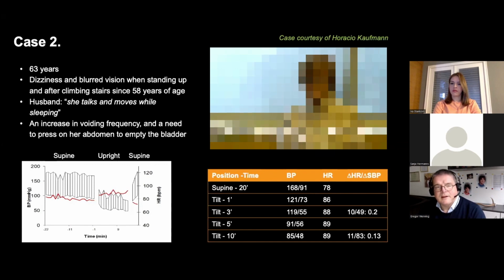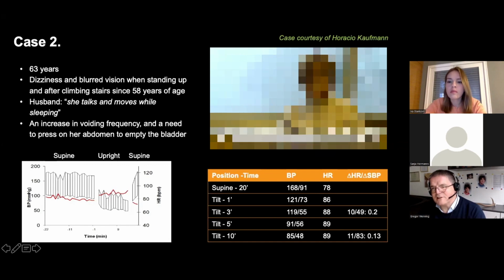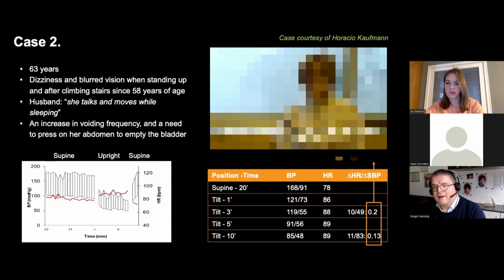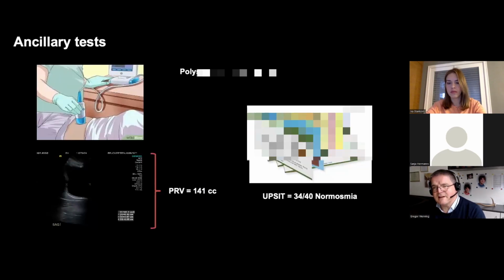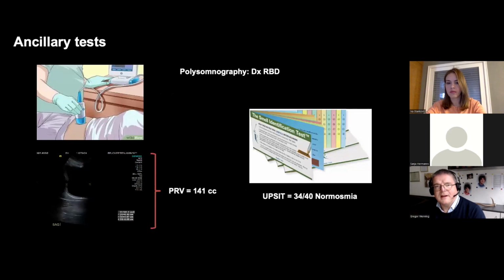So basically, this is altogether a very suggestive combination of orthostatic hypotension plus RBD phenomena during sleep. And this cutoff here, or the ratio that Eva mentioned before, is less than 0.5, suggesting neurogenic OH. So this is the classic combination.